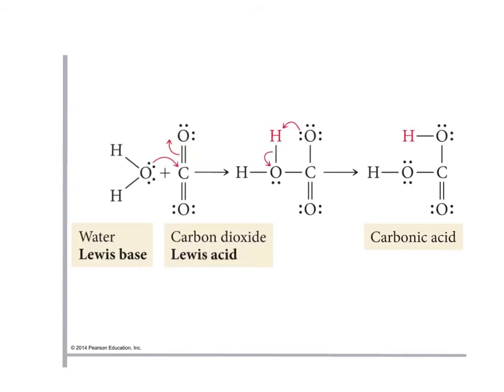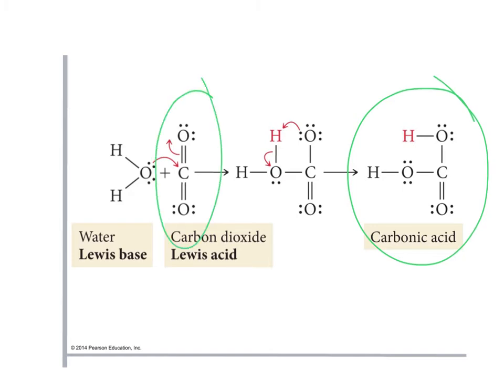We can talk a little bit about water as a Lewis base and carbon dioxide as a Lewis acid. And the reason that this is important is because of the production of carbonic acid. So, I mentioned climate change. We have a large production of CO2 from the burning of fossil fuels.